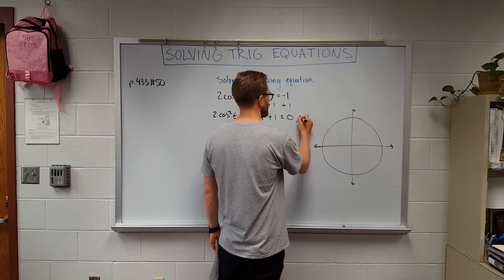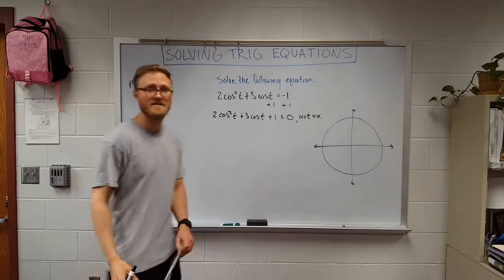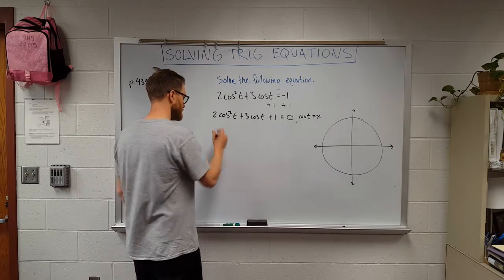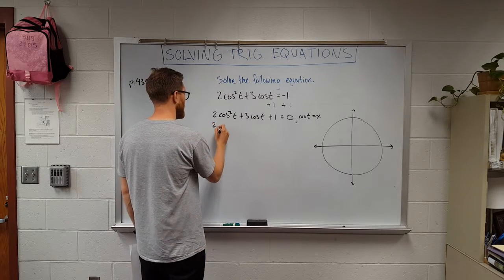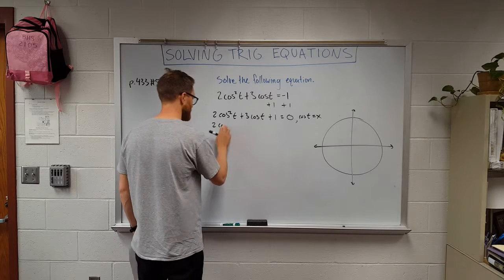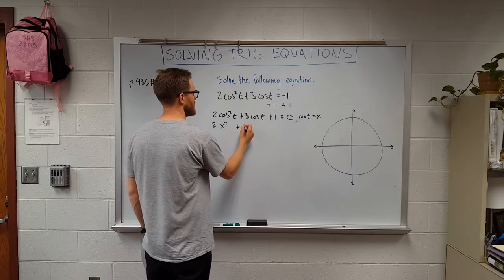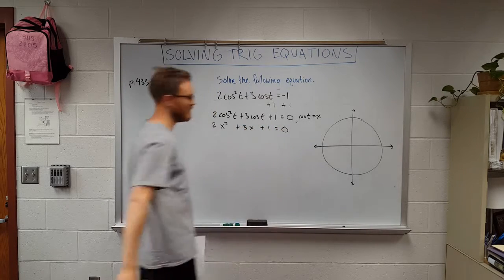So I'm going to say that cosine t equals, we can use anything, but I'm going to use x because it will look very familiar if we use x. So everywhere I see cosine, I'm going to replace it with x. So I get 2x squared plus 3x plus 1 equals 0.